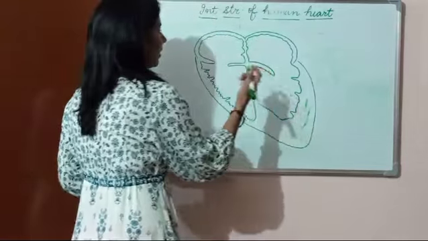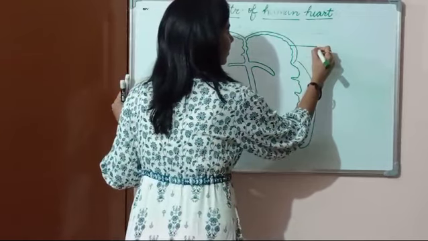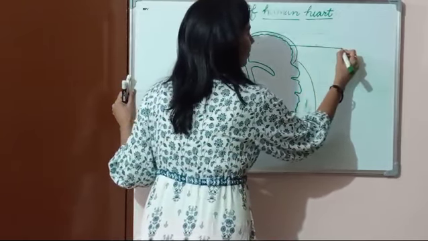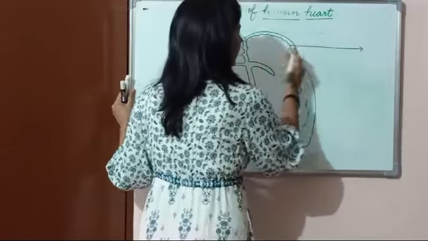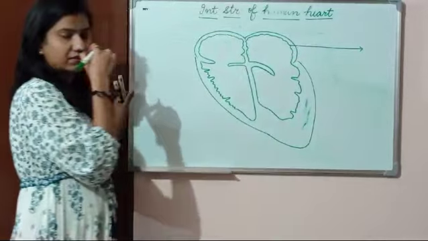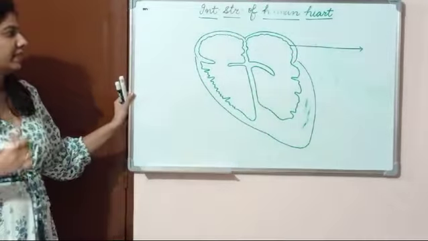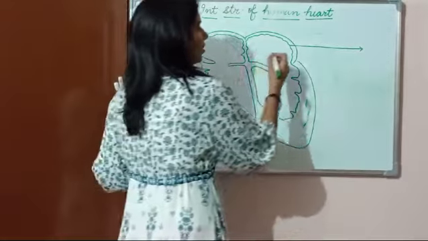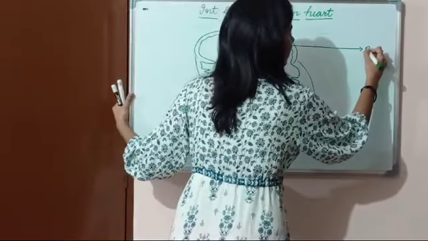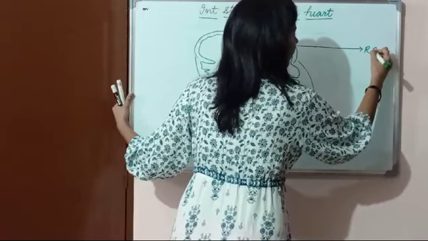Now let us label this. I will do the labeling very far away, because this diagram has many labels. So what is this? This is the right atrium.